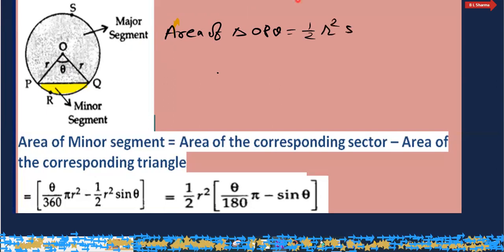We can write r square sine theta. Which portion is that?